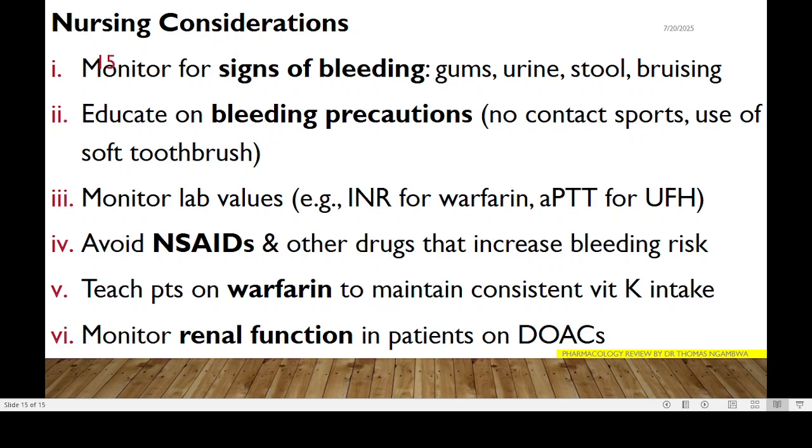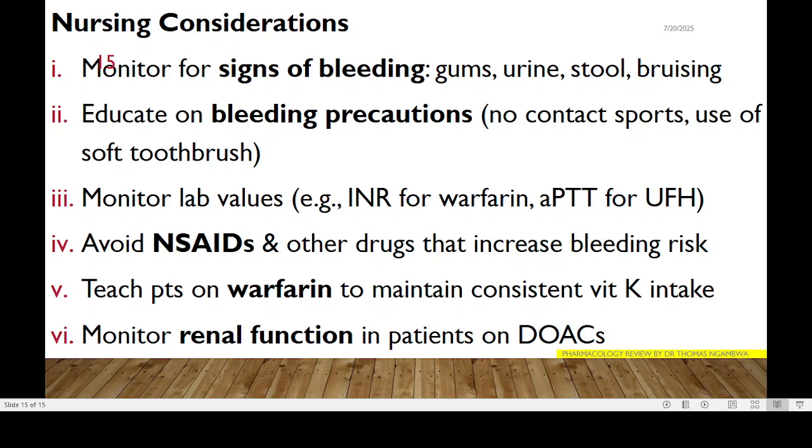You need to monitor the blood lab values. We have talked of INR for warfarin, and we also have the APTT for the unfractionated heparin. Also need to avoid NSAIDs and other drugs that can increase bleeding risk, and teach the patient on warfarin to maintain consistent vitamin K intake.